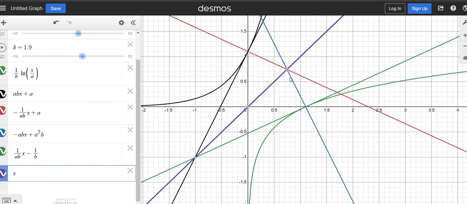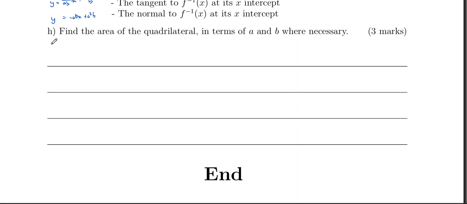Okay, so let's draw this out. Let's draw a quick kite. The line y equals x cuts through it.